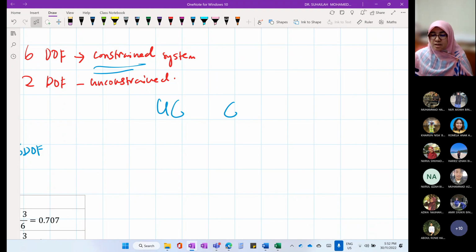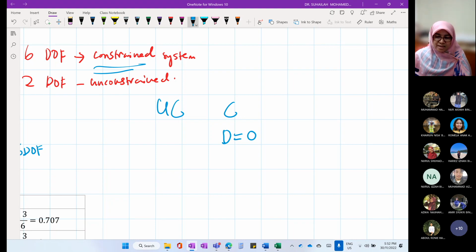So what we can conclude is, in the constrained system, displacement is equal to 0 because of the support. No movement because of the support, so displacement equals 0.